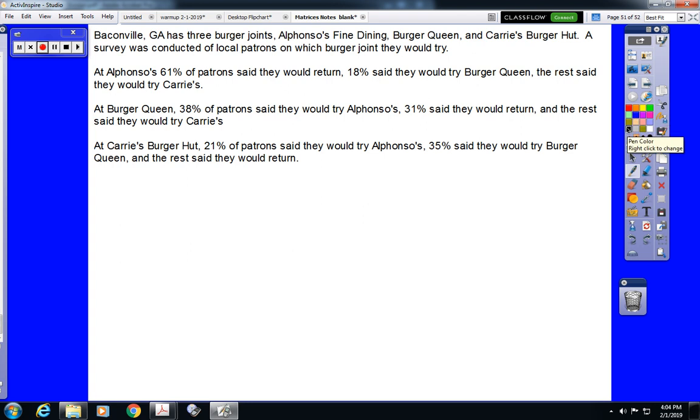Now it is important that we figure out what that number is. So we would take the 100%, subtract the 61 that are returning, and subtract the 18% that would be trying Burger Queen. That would leave 21% going to C from A.